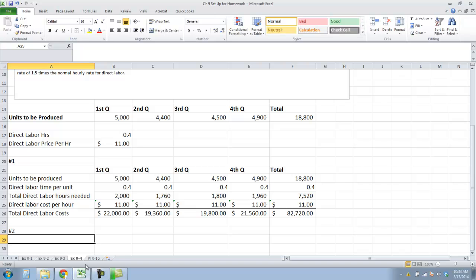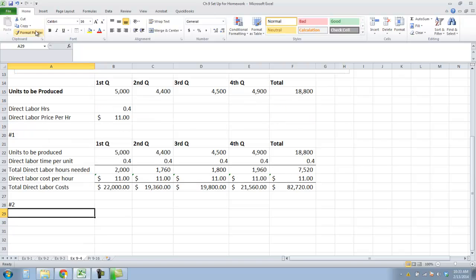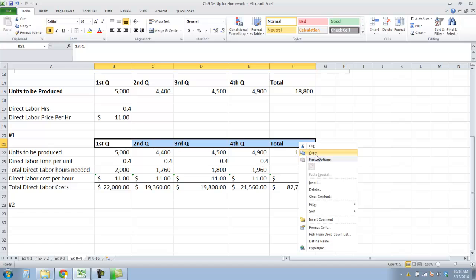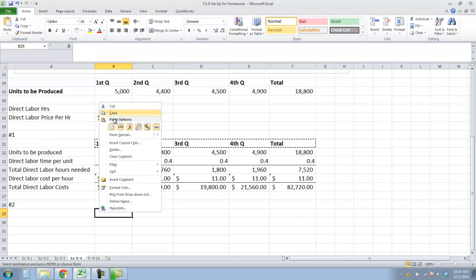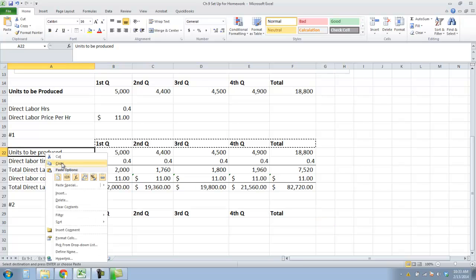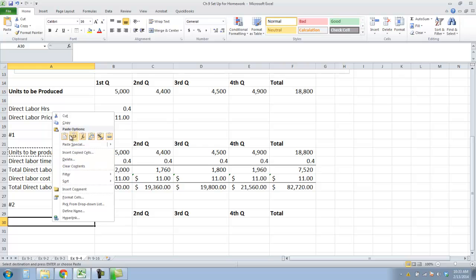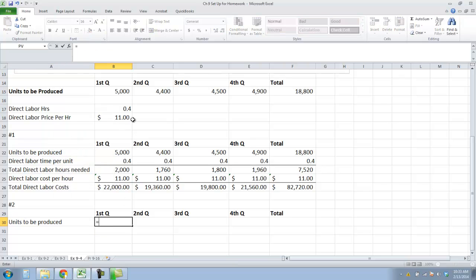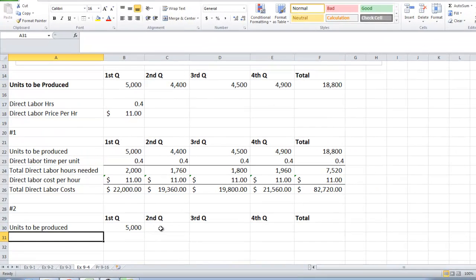Number 2 says, well, it's not that easy. We can't just match every hour because these people are guaranteed some sort of work. So what do we do then? So let's copy this here. So we're going to have the first quarter. We're going to start with the units that need to be produced, right? And that's not going to change.